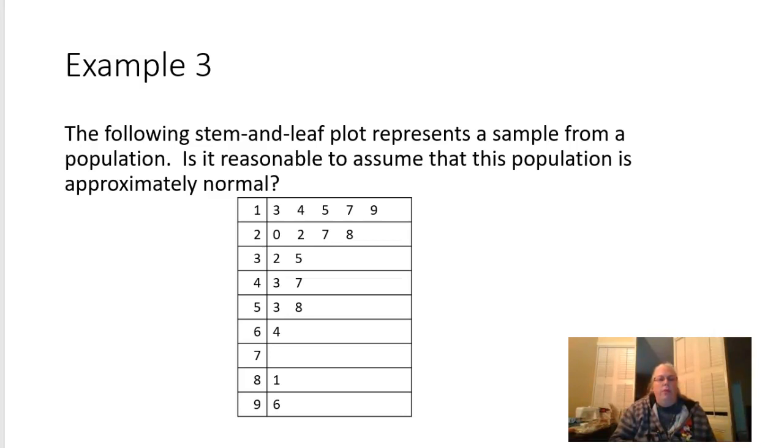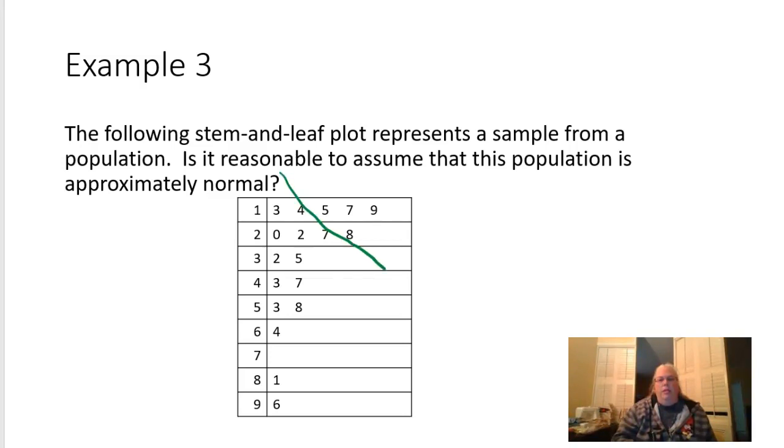For example 3, we've got the following stem and leaf plot that represents a sample from a population. Is it reasonable to assume that this population is approximately normal? Now what we want to do is imagine that this stem and leaf plot has been turned on its side, and our normal curve we would draw in this direction right here.